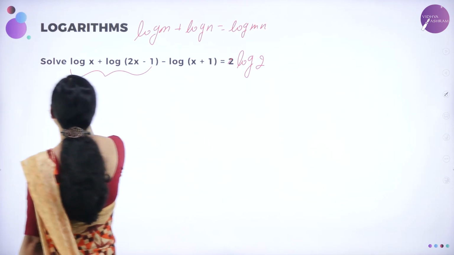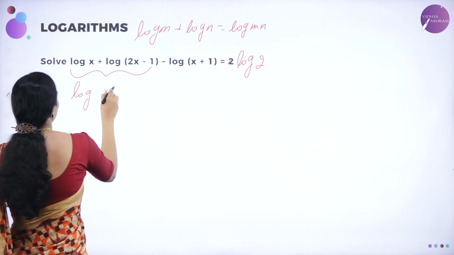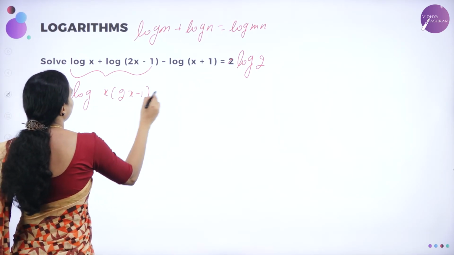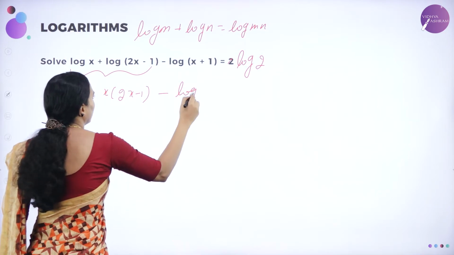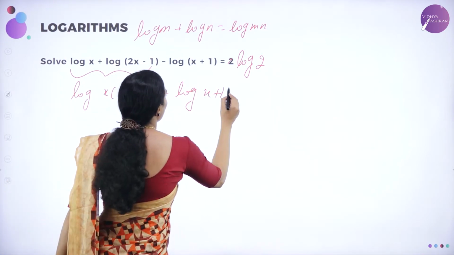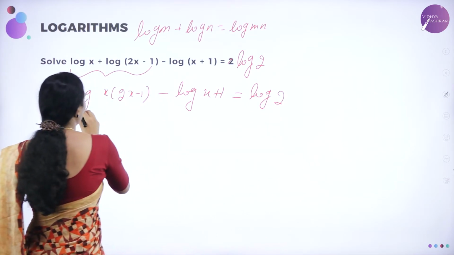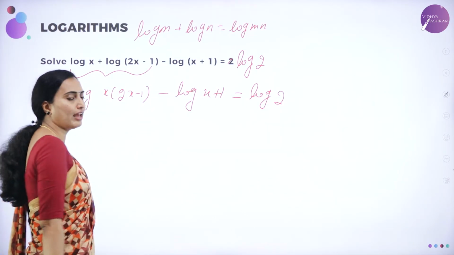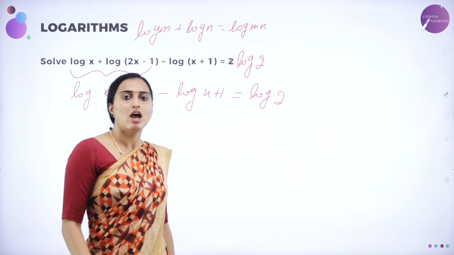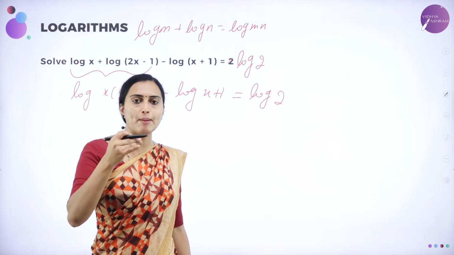Similarly, you can have log x into (2x minus 1) minus log (x plus 1), which will be equal to log 2. Now this is according to log m minus log n. What is log m minus log n? Log m minus log n is log m by n.